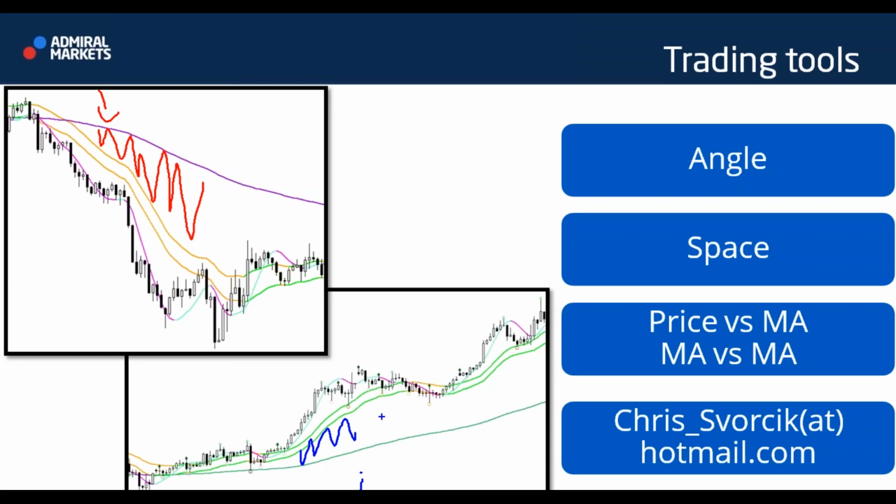So all confirmation of more trend to the upside and to the downside here. So ultimately, angle, space, and of course, as I already explained, the relationship of the moving averages and price to each other. This is a special moving average indicator, by the way, because the color of the moving average changes accordingly, if it's bearish or bullish.